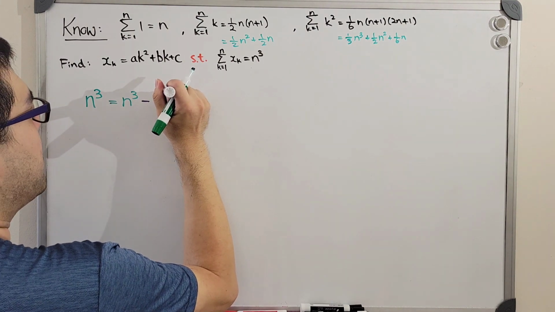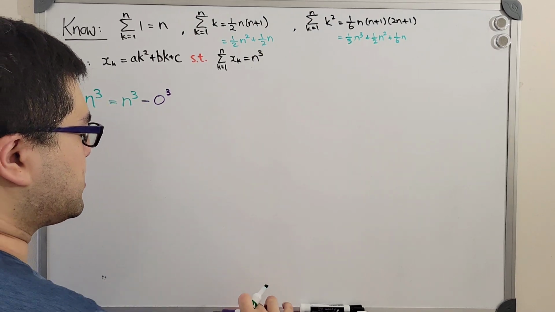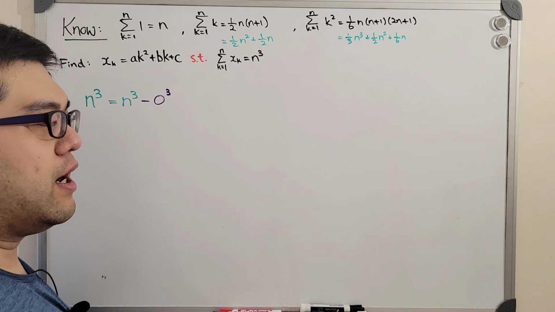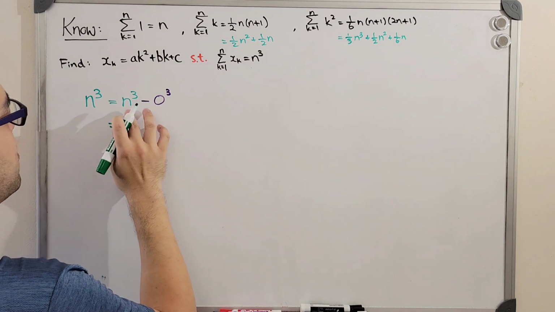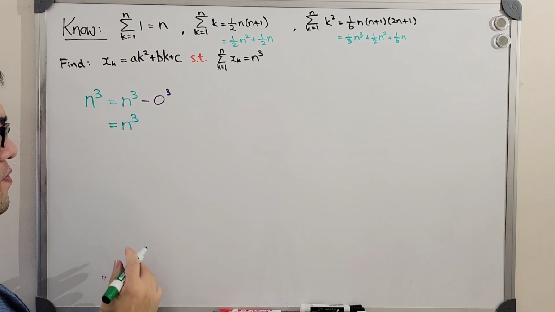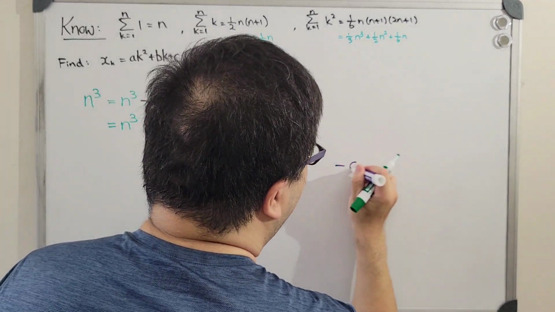And we can rewrite 0 as 0 to the third power as well. What should we do next? Since we want to use the reverse telescoping method, we now need to consider what we should fill in the middle. So don't forget, we still have the minus 0 to the third power at the end here.